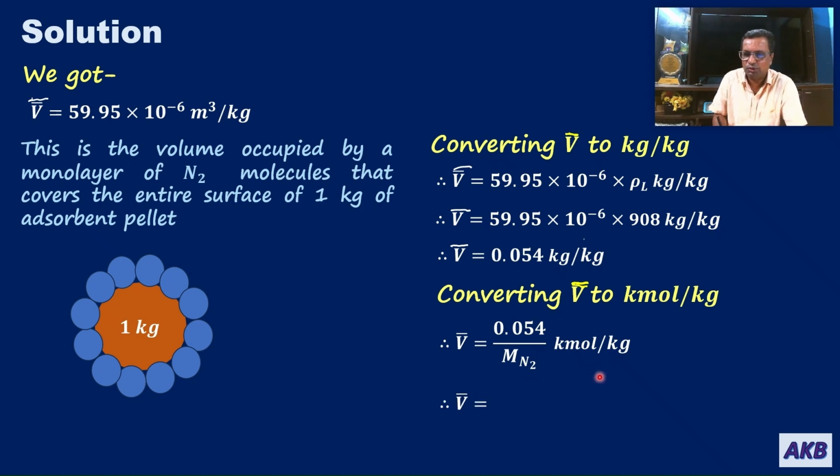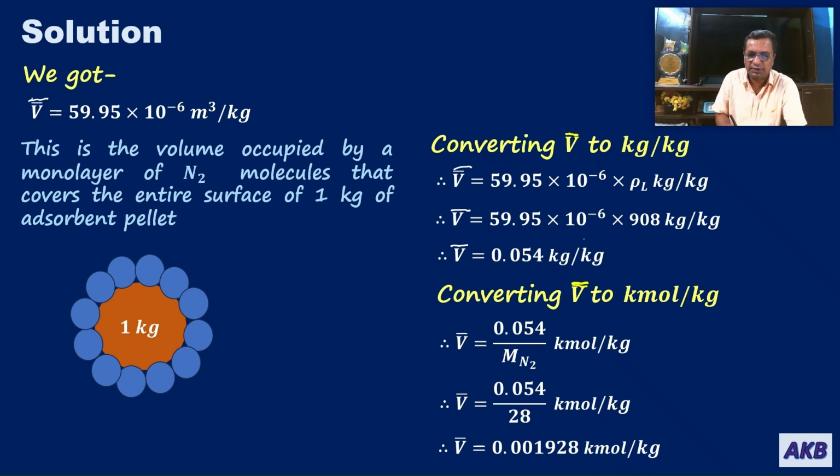Now it will be in kilomole per kg. That is, V bar is equal to 0.054 by 28, because the molecular weight of nitrogen is 28. So this will be 0.054 by 28 kilomole per kg. That is, V bar comes out to be 0.001928 kilomole per kg. So in this way, we convert V bar to kilomole per kg. Now let us move ahead.